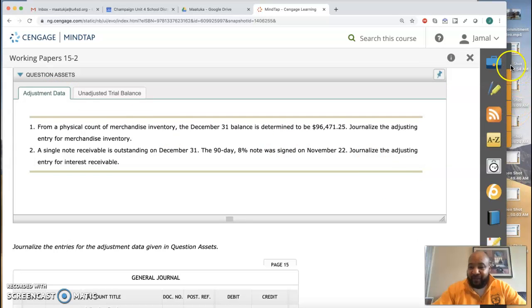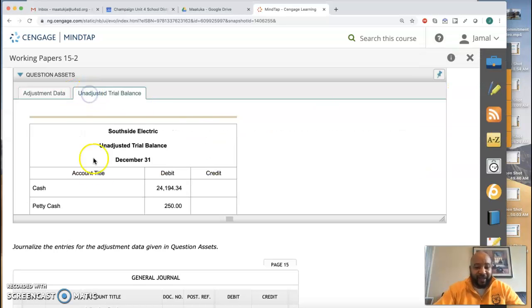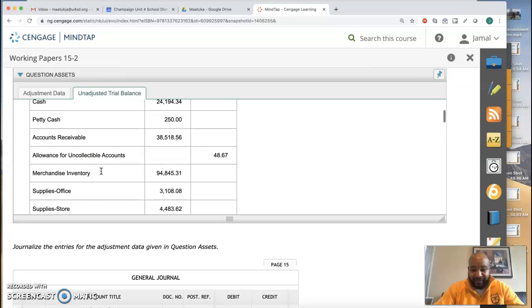We now have $96,471.25. So we've added $1,625.94. If you look at your merchandise inventory, it's an asset, right? And when assets increase, we debit it.